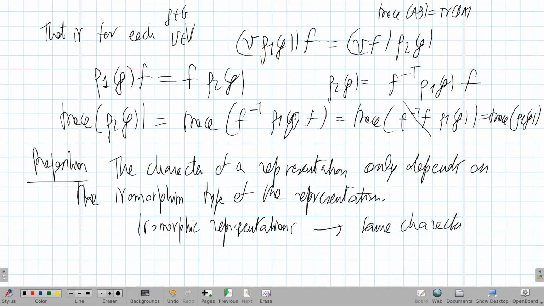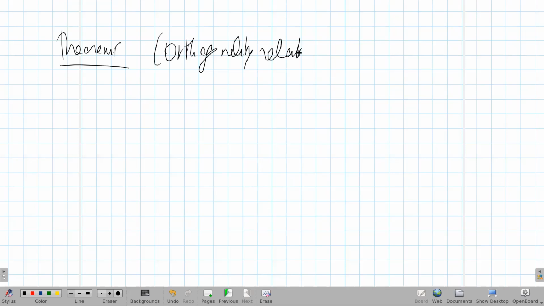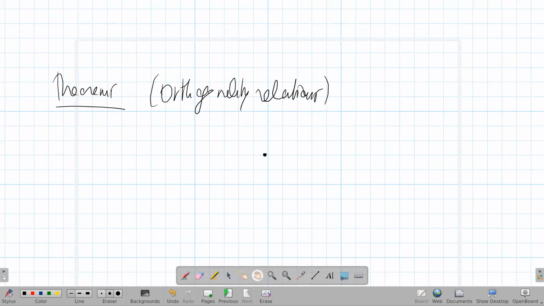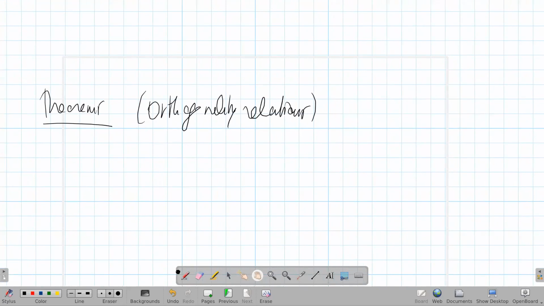And now let's see the really important consequence for characters of the theorems that we proved before. These are the orthogonality relations. Before stating the orthogonality relations, let's introduce an important concept.